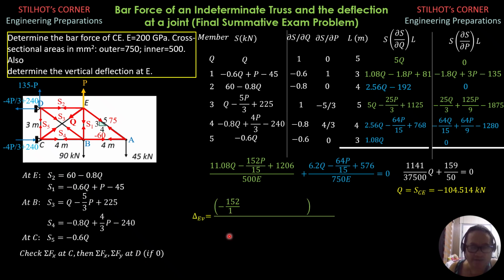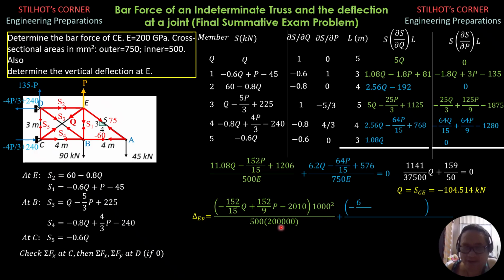So delta E vertical is negative 1.8, negative 25 over 3 Q, that's negative 152 over 15 Q. 125P over 9. The constant, negative 135, negative 1875, negative 2010, times 1000 squared over area 500, E 200,000.